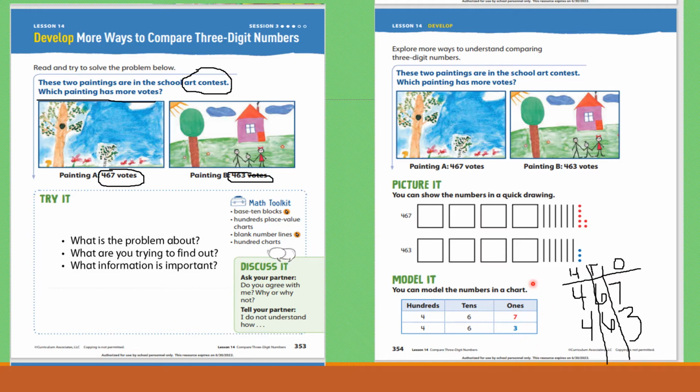And you can see it's the ones place that we had to go to see which number was greater and which number was less. And over here in the other model, 4 hundreds, 4 hundreds, 6 tens, 6 tens, 7 ones, 3 ones. So 467 is greater than 463. The painting that got the most votes was painting A with 467 votes.